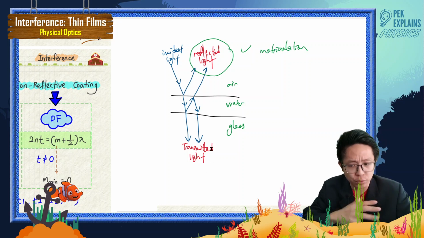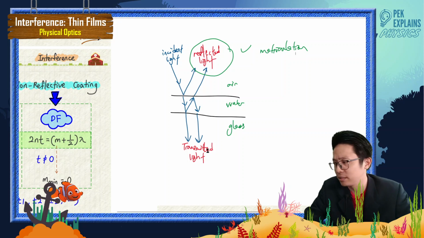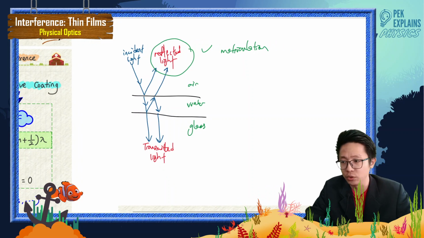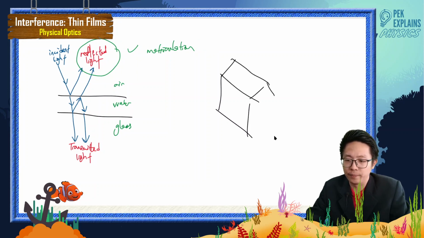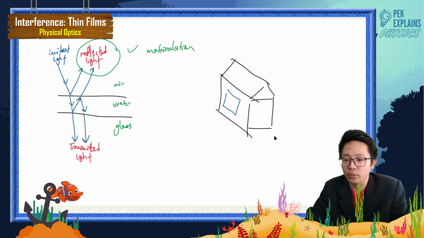Anyway, actually there are two cases. Not just the reflected light, there is also transmitted light. Why do we need to know about the transmitted light also? Because it's like a window, a window pane. This is like a house. This is the window, the window pane.